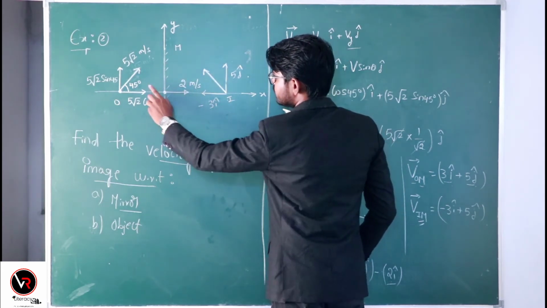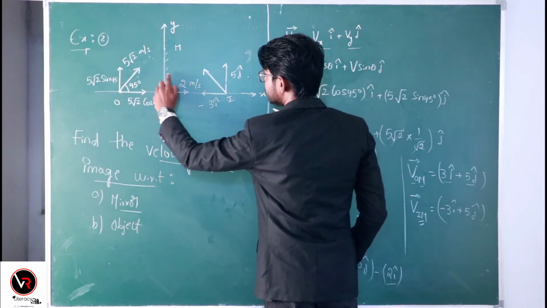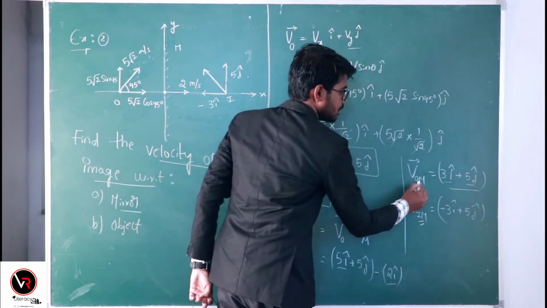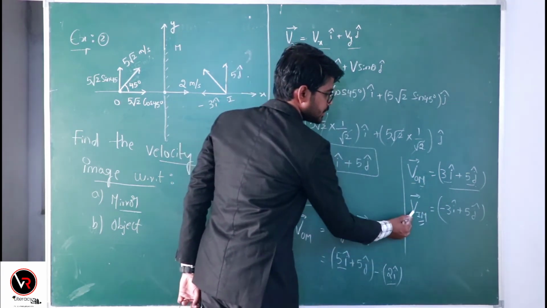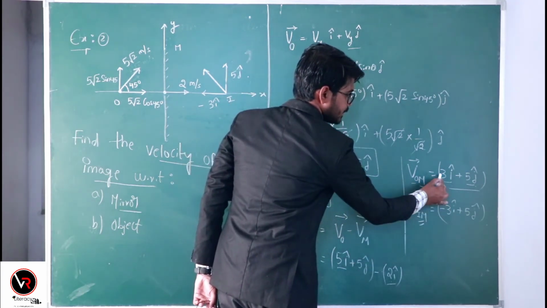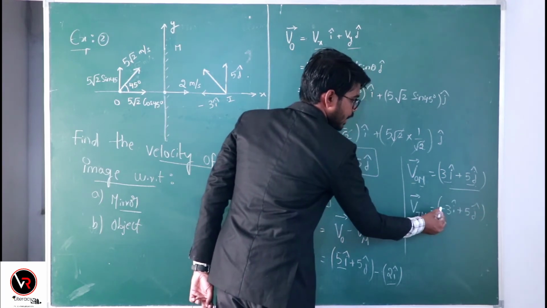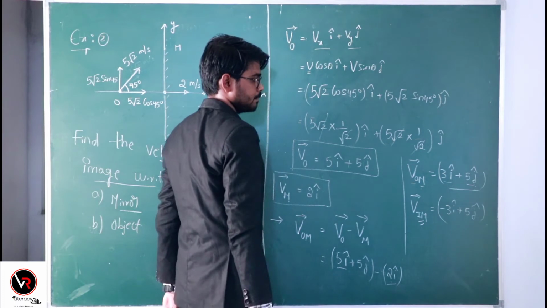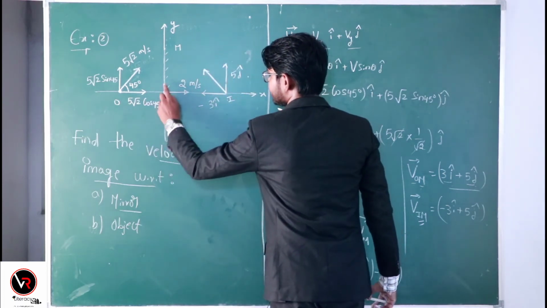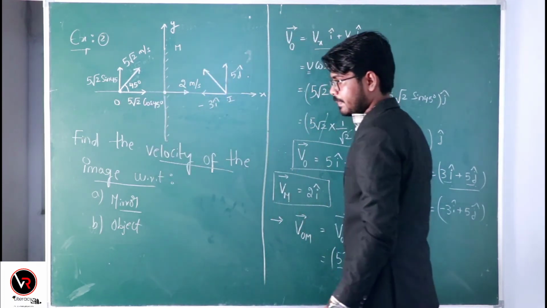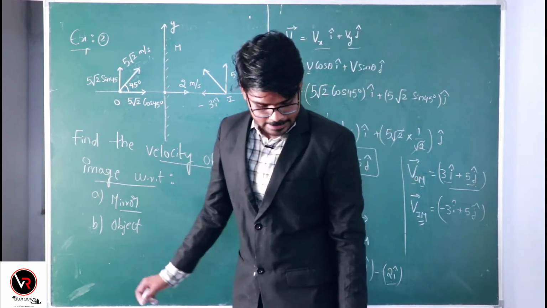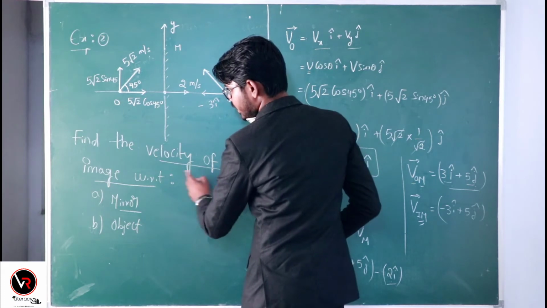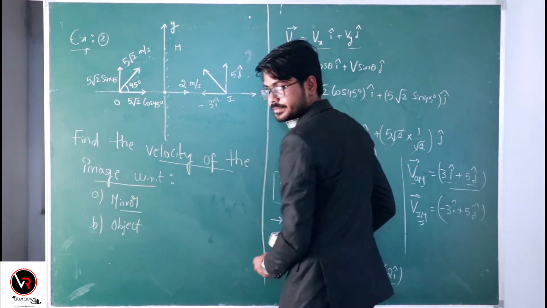And this plane mirror does not reverse this velocity as these two are parallel. So if this is the velocity of object with respect to mirror, then the velocity of image with respect to mirror is everything the same, just you have to give the minus sign to the horizontal component, because this is the one which is perpendicular to the mirror. Now let us find the velocity of image with respect to object.